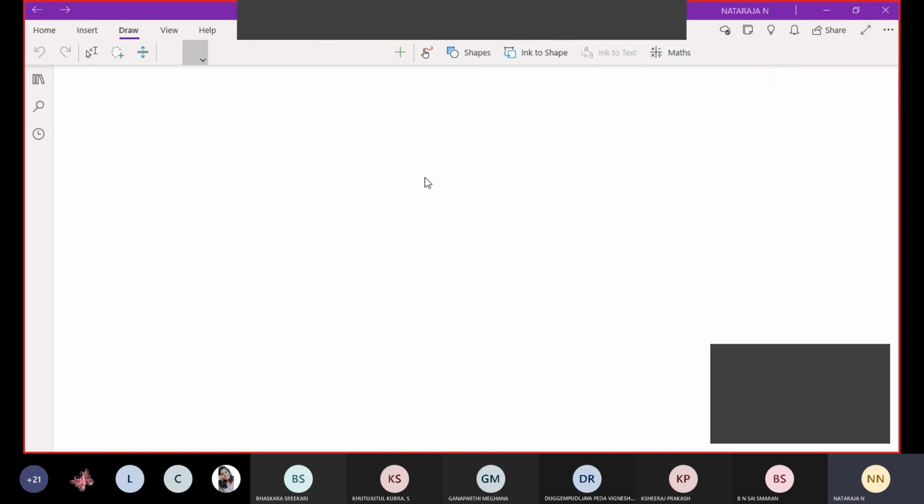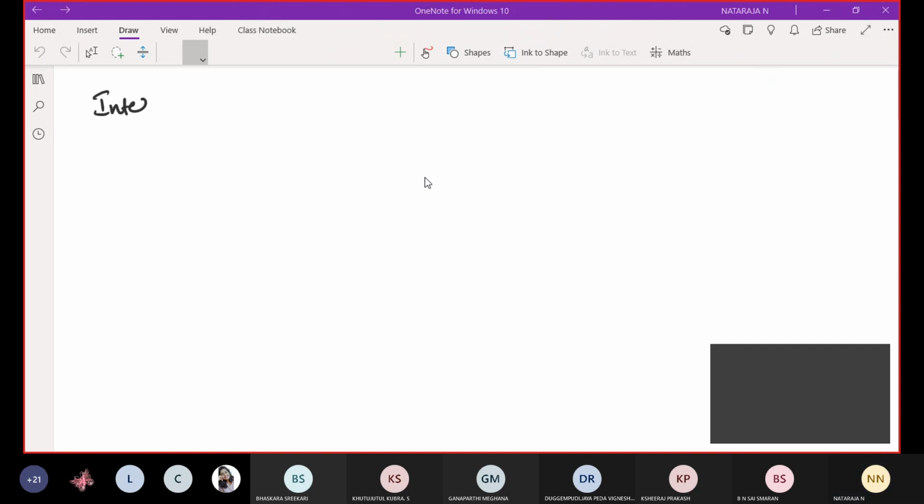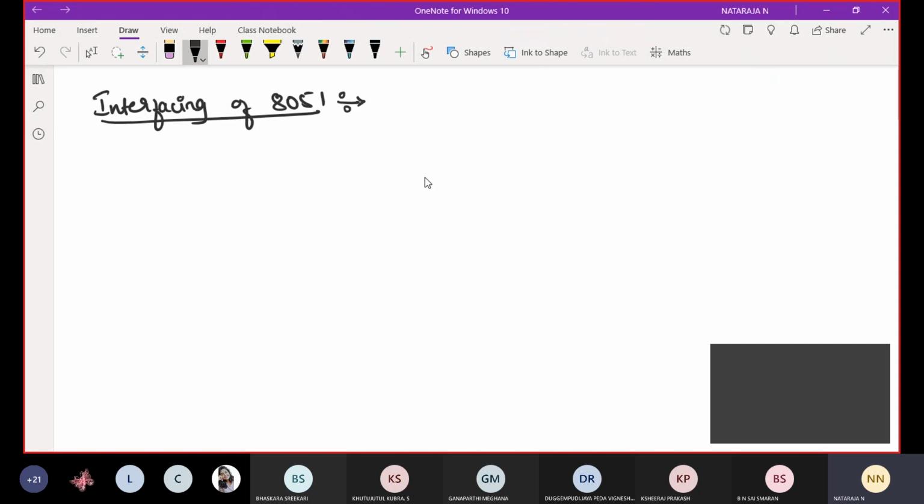Okay, interfacing of 8051. Why we need to interface 8051? What exactly is the meaning of interfacing?